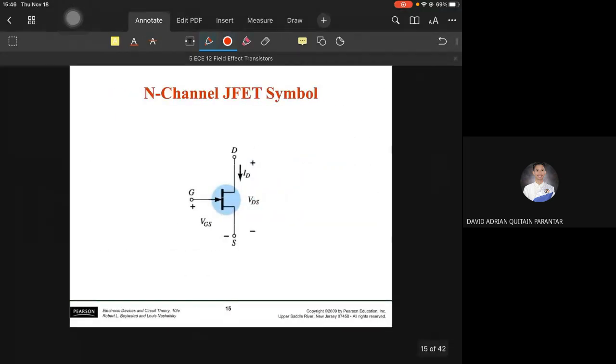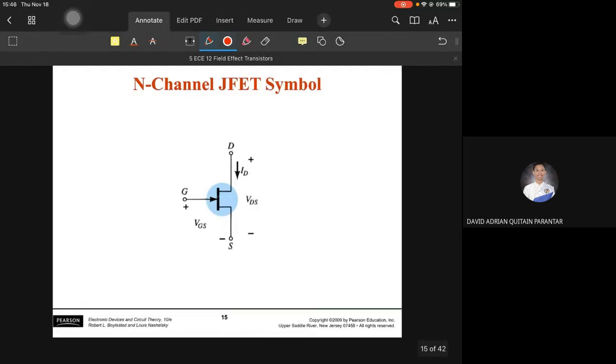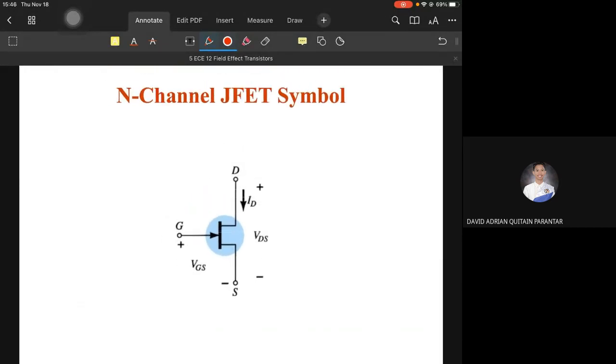So, I'll just skip some slides. This is the schematic symbol for a JFET. This is the drain, this is the source, this is the gate.